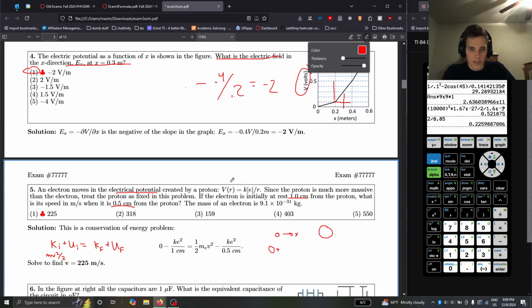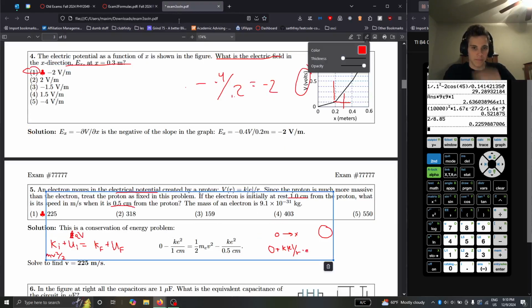And then we have this, so this is going to be k absolute value of e over r times e, because potential energy is just V times Q. QV. I think that's on the sheet. Yeah, right there.